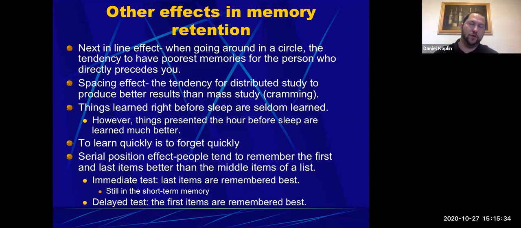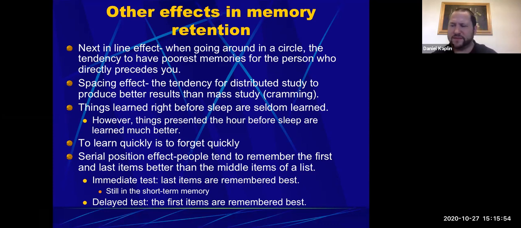Now, if your bedtime is typically 10 p.m. and you're studying 9 p.m. to 10 p.m., that might be good because there's less interference. But if you're studying at 2 a.m. when your bedtime is 10 p.m., you're not really getting it.